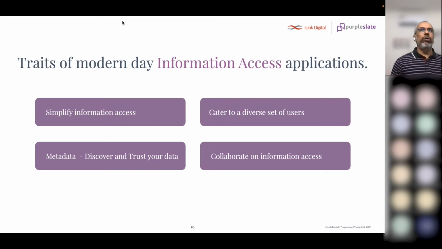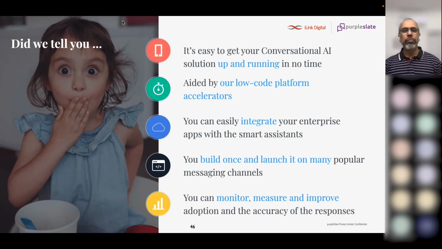So collaboration is going to be a very important feature, where all the stakeholders look at the same piece of information and work towards getting the information and eventually using it for decision making and taking actions. That's where it helps.